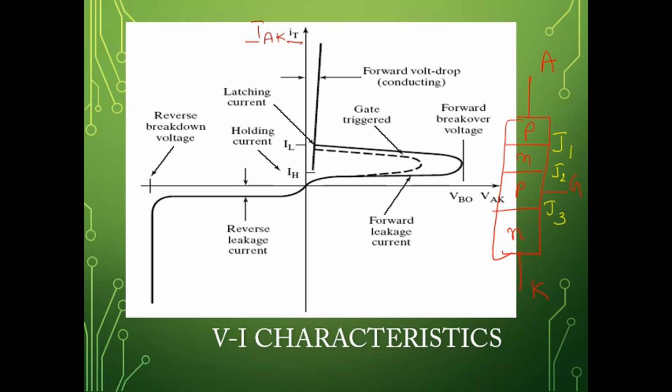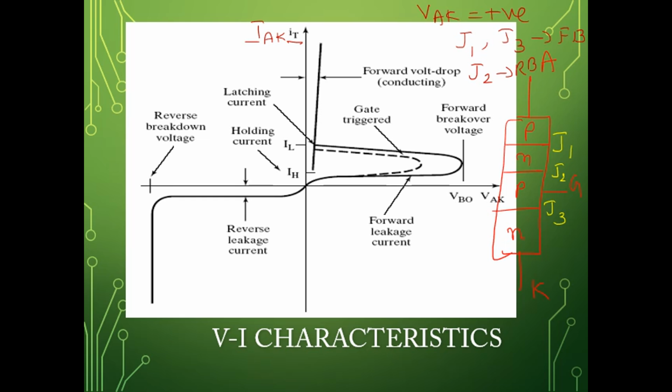Okay. And now coming to how it is going to work. You can observe here you have 3 junctions, J1, J2 and J3. Initially, if we make anode voltage positive with respect to cathode, so first condition we will take VAK positive, that means anode voltage is positive with respect to the cathode, then the junctions J1 and J3 will be forward biased, whereas the junction J2 will be reverse biased.